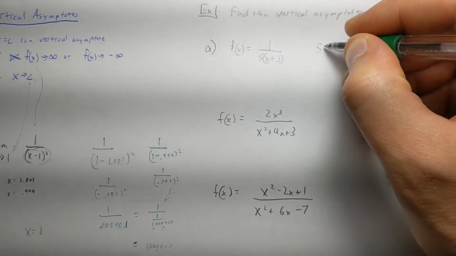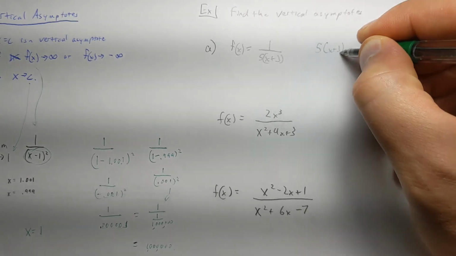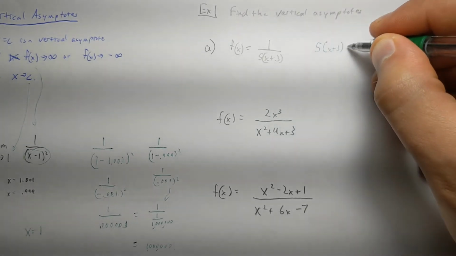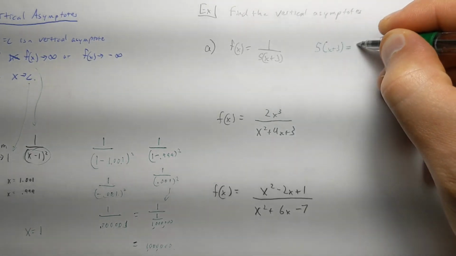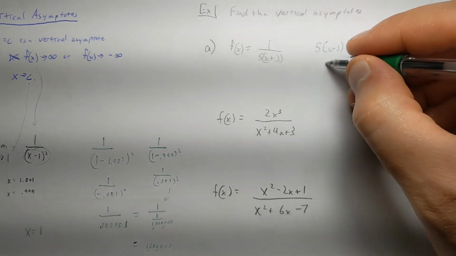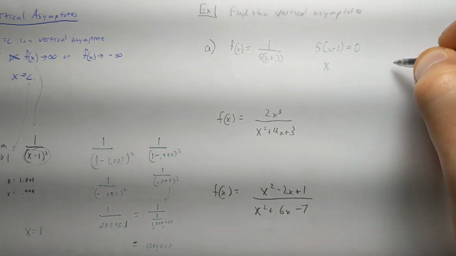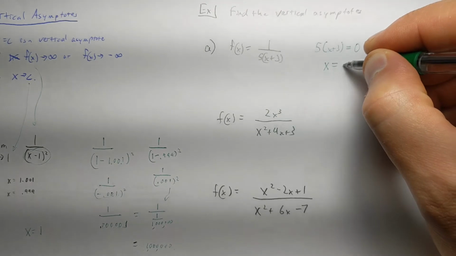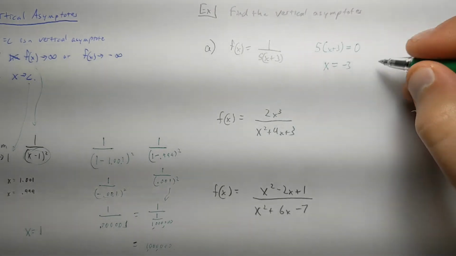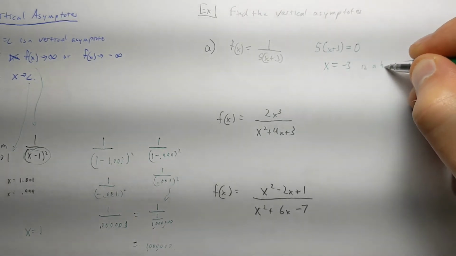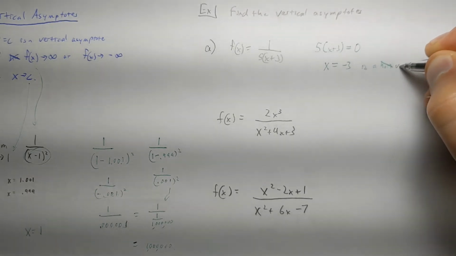Basically what we do is we say 5 times x plus 3. When would that equal 0? That's going to happen when x is -3, so that is a horizontal asymptote. I'm sorry, vertical asymptote.